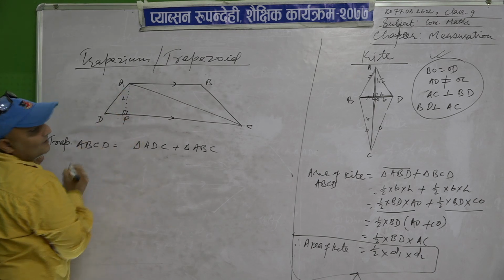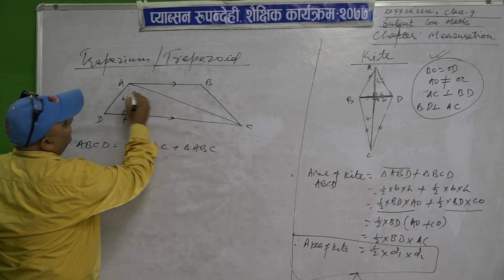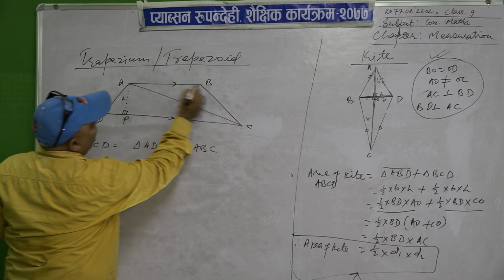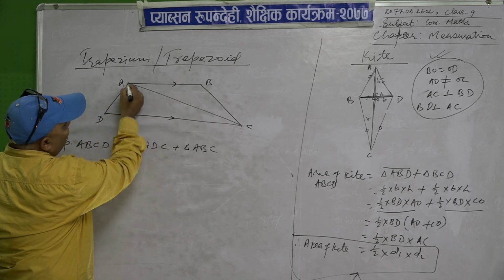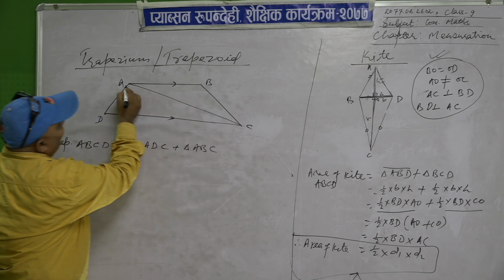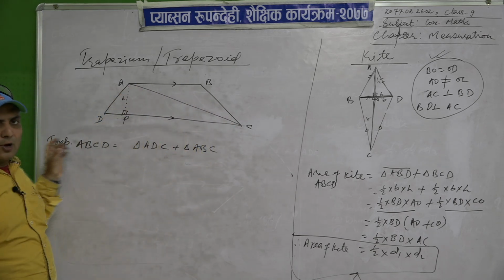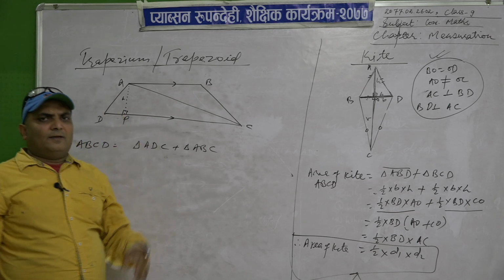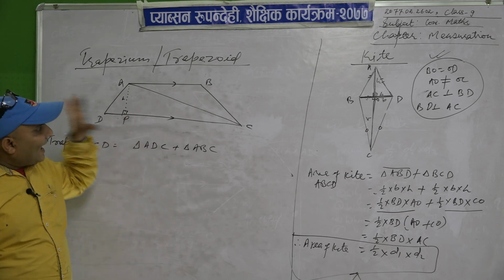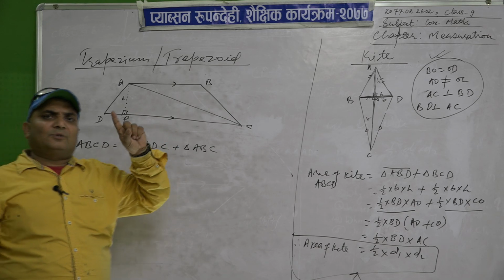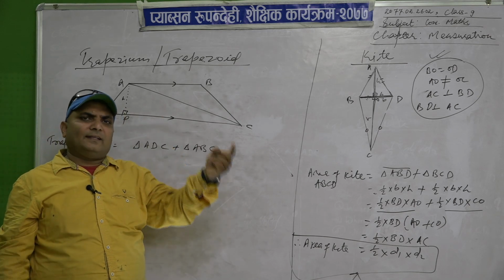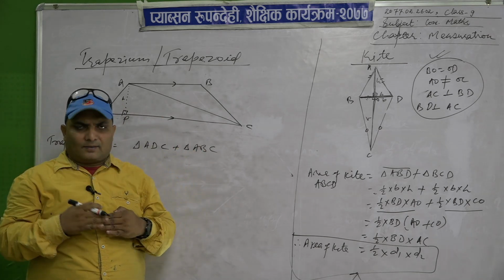If AP is the height of the parallel lines, then it will be the height of the trapezium also, the height of this triangle also, and the height of this triangle also. We have already discussed in a very previous class that the height of the parallel lines will be the height of a triangle or parallelogram or anything which is inside the parallel lines.